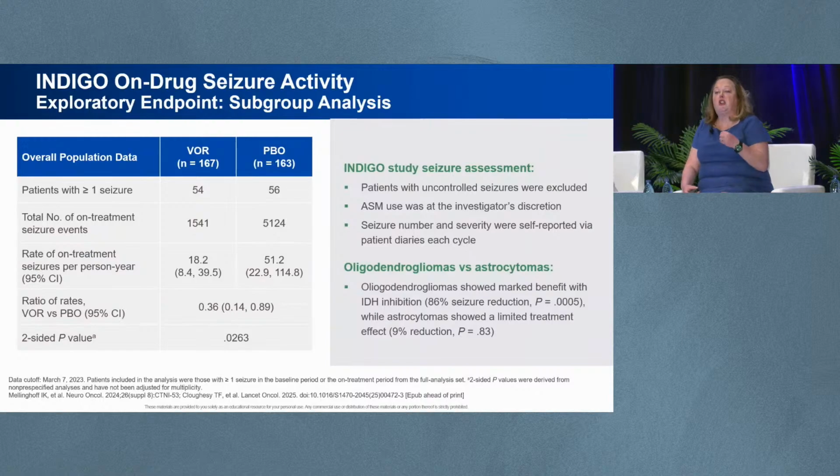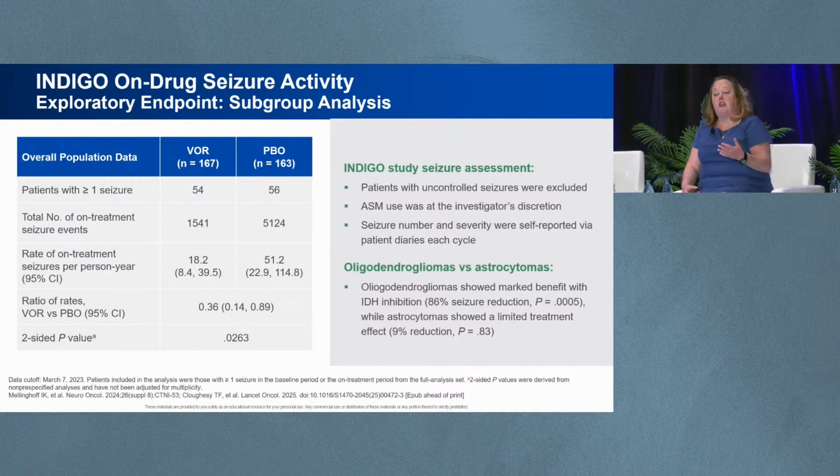And when we looked at seizure outcomes for these patients, it's really important to note that patients enrolled in the INDIGO study could not have uncontrolled seizures. They could not have failed several regimens of anti-seizure medicines. So most patients came into the study with controlled seizures, but invariably, because they did have mutant IDH glioma, they're going to have seizures.